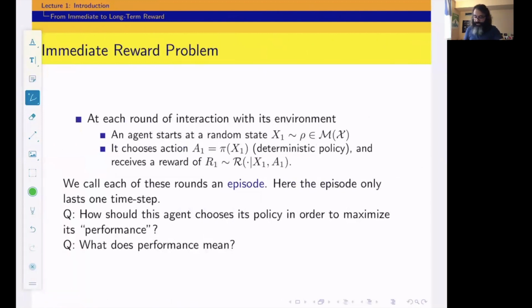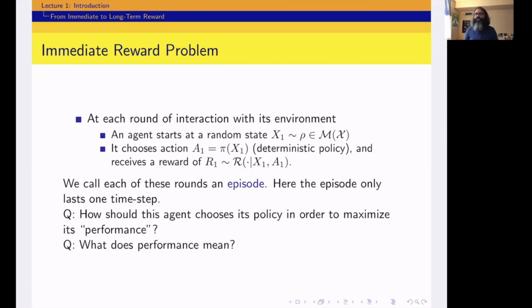So this is an immediate reward problem. I call it that; it is not a standard definition, but it's clear what I mean. Suppose at each round of interaction with its environment, an agent starts at a random state x1 coming from some distribution rho. So you put the agent at one random point, and then the agent chooses the action according to its policy. So A1 is pi of x1.